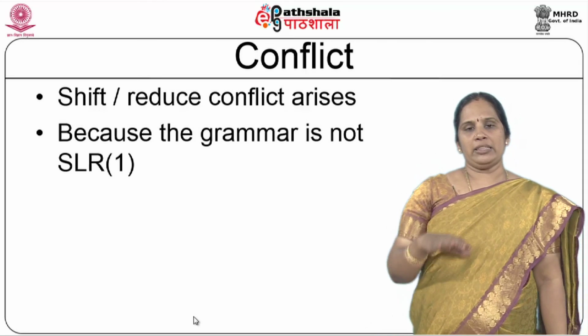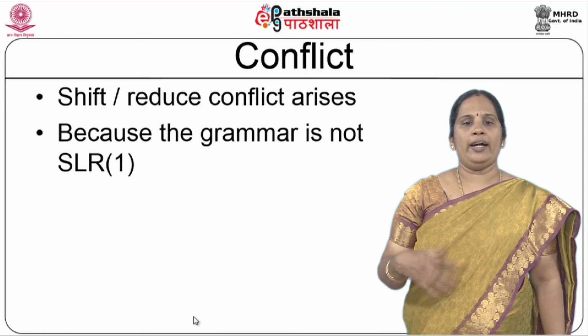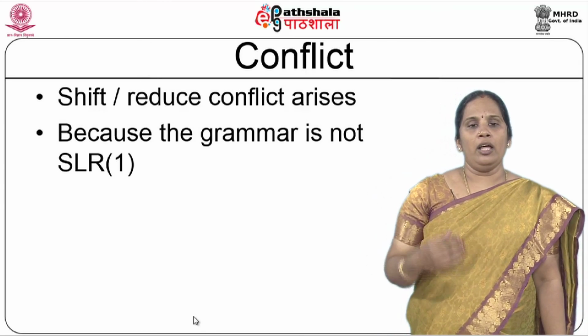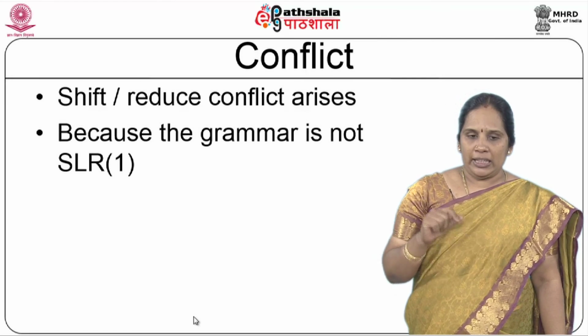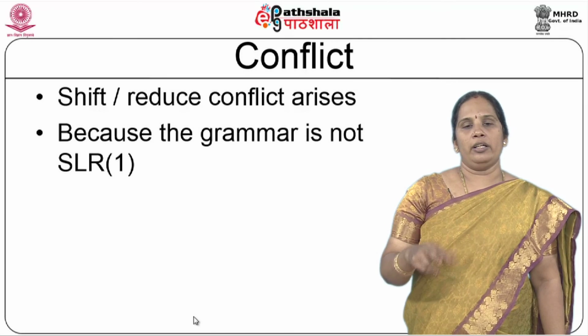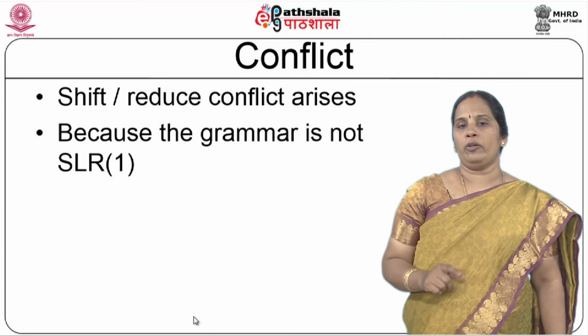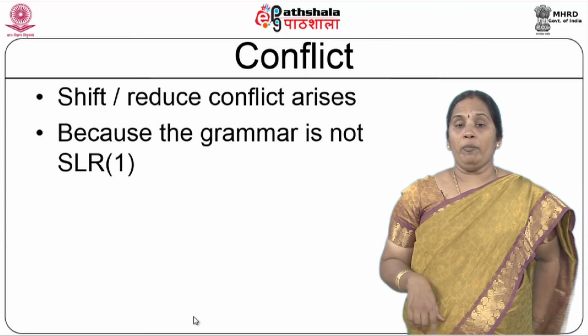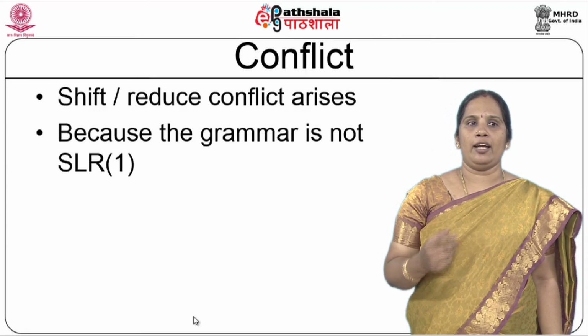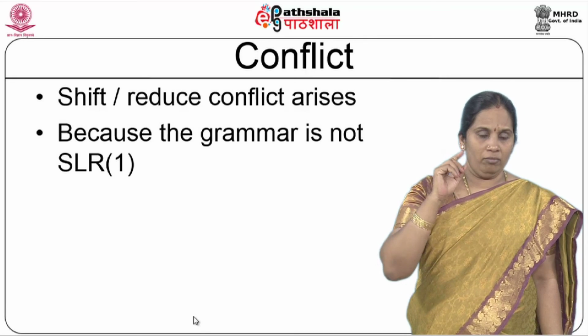So, the previous condition where the expression grammar, unambiguous grammar actually, did not have a conflict, whereas here this grammar is an unambiguous grammar, but still you have a conflict here. Therefore, this grammar cannot be parsed using an SLR of 1 parser. Okay.